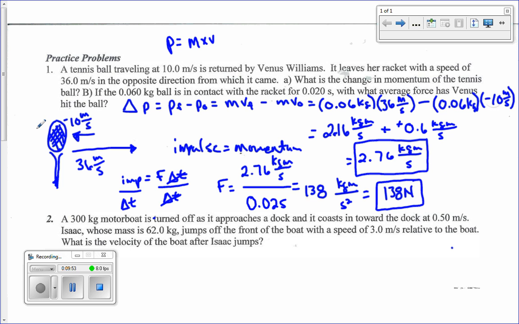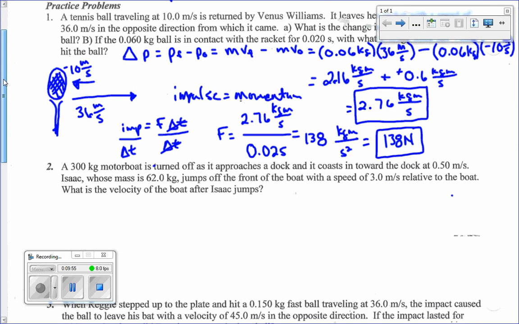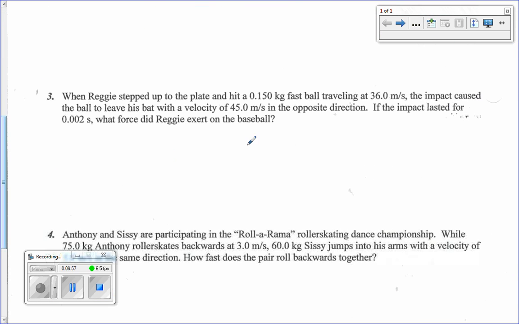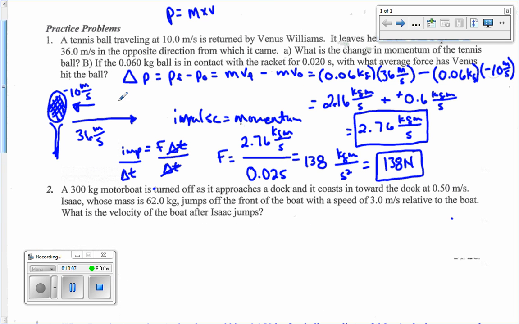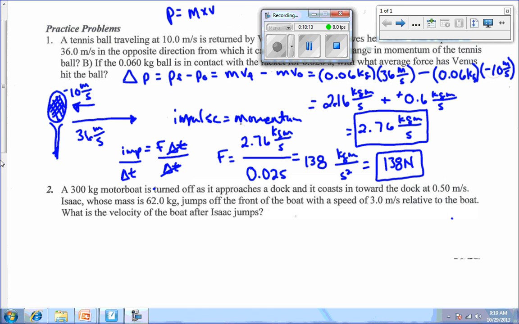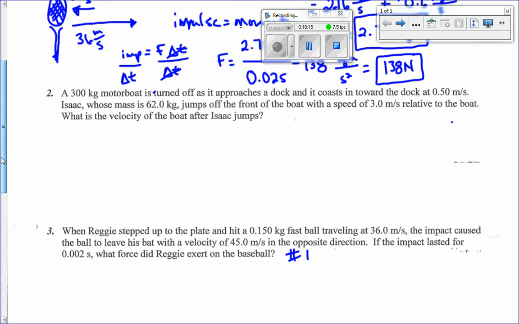Okay. Number 1 is just like number 3, or number 3 is just like number 1. So whenever you're trying to do number 3, just follow this system of equations here. Let's look at number 2. Well, I'm not going to read it for you. I'll just give you the formula.